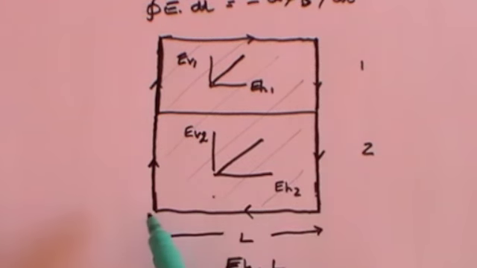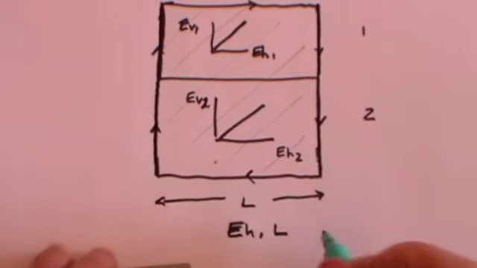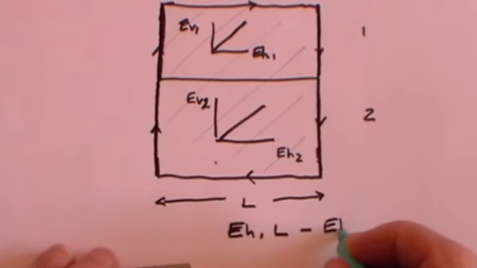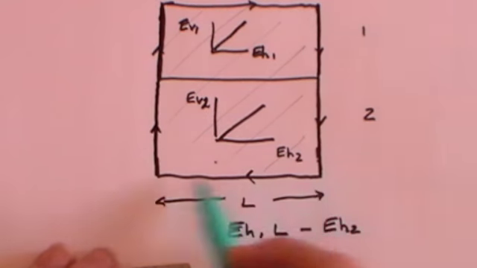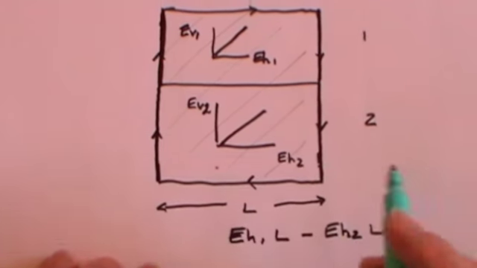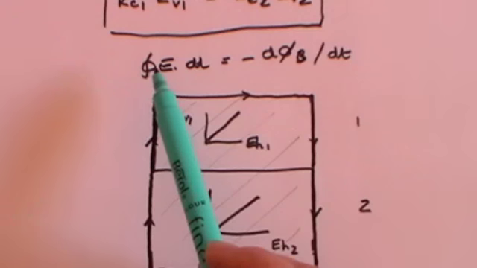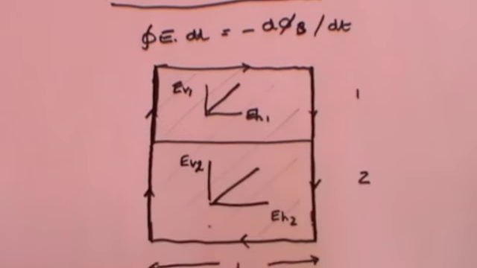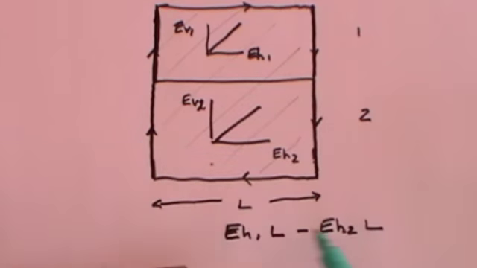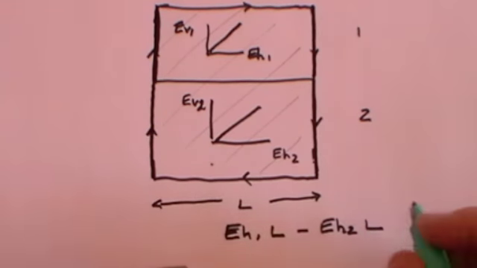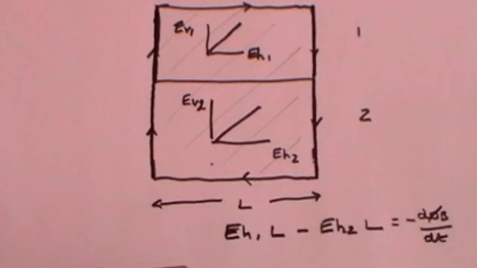When we go in this direction, we're going in the opposite direction, so that will be minus EH2 now times L. These are the E dot dl terms. The integral simply now becomes a sum. And those are the only two terms that actually are going to have any effect. And that's going to be equal to minus d phi B by dt.